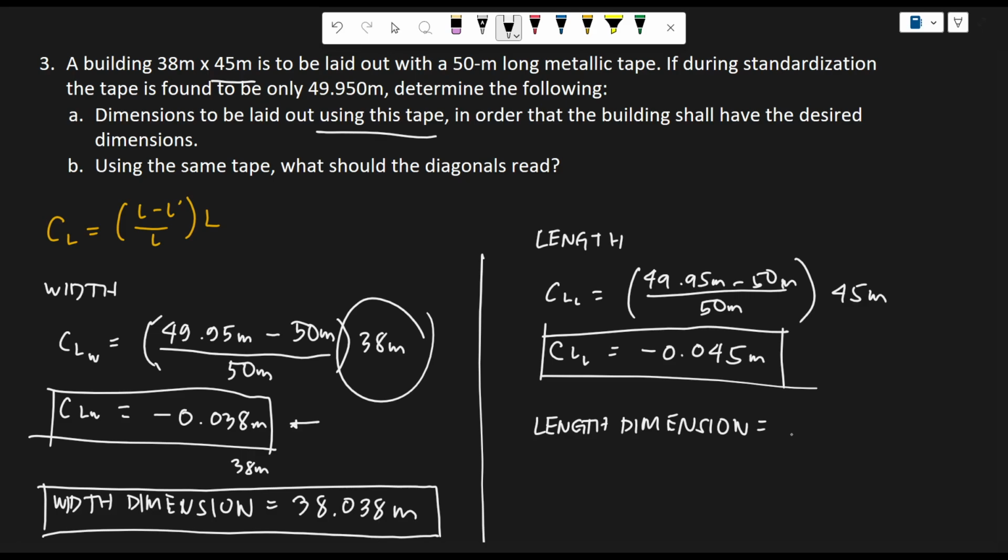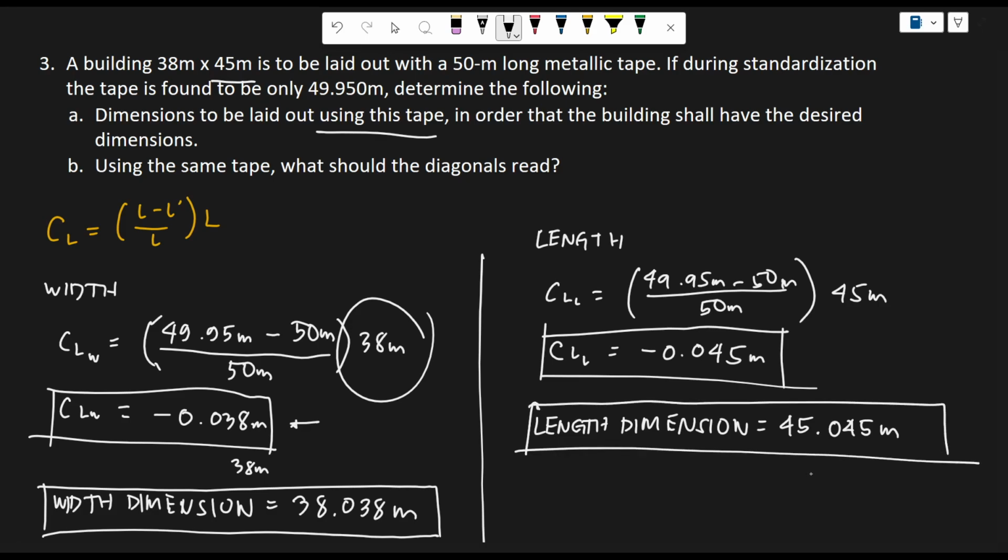Okay, so that will be 45 plus 0.045, 45.045 meters. Okay, so this is the answer. So these are the answers for letter A.